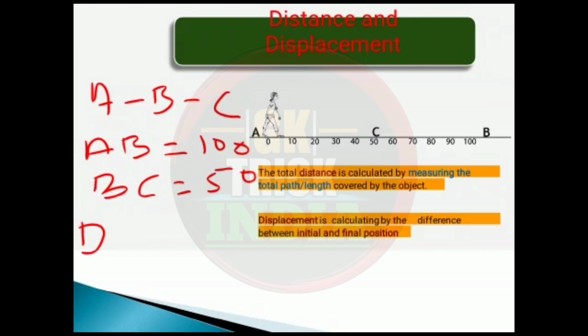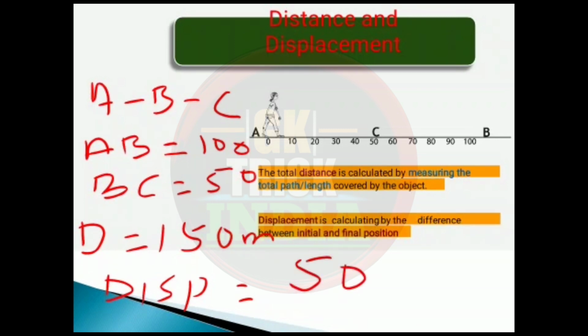So the distance will be the total path length, which is 100 plus 50, that is 150 meter. Displacement will be the difference between initial position and final position. Now the final position will become C instead of B. So the final position will be 50, initial position will remain as A. So the displacement will become 50 meter.